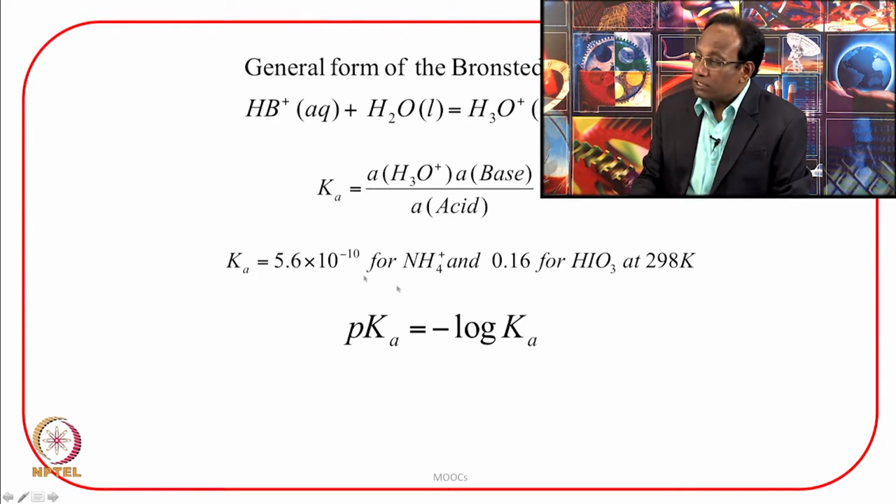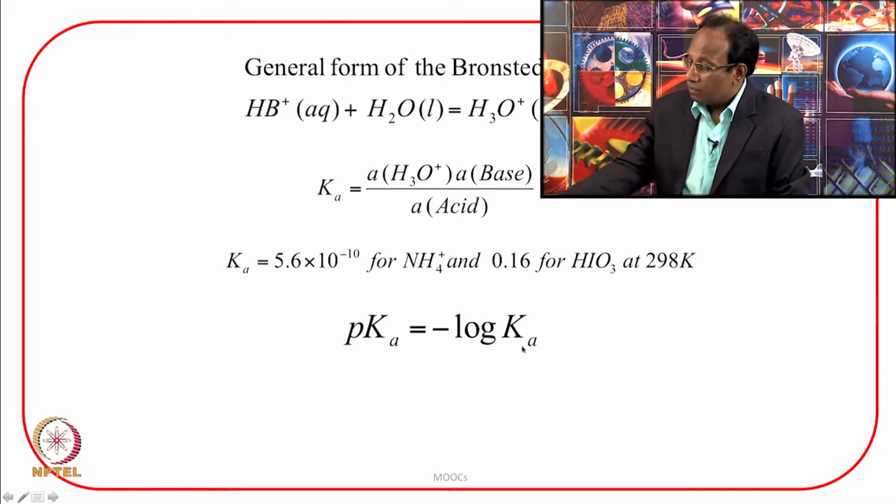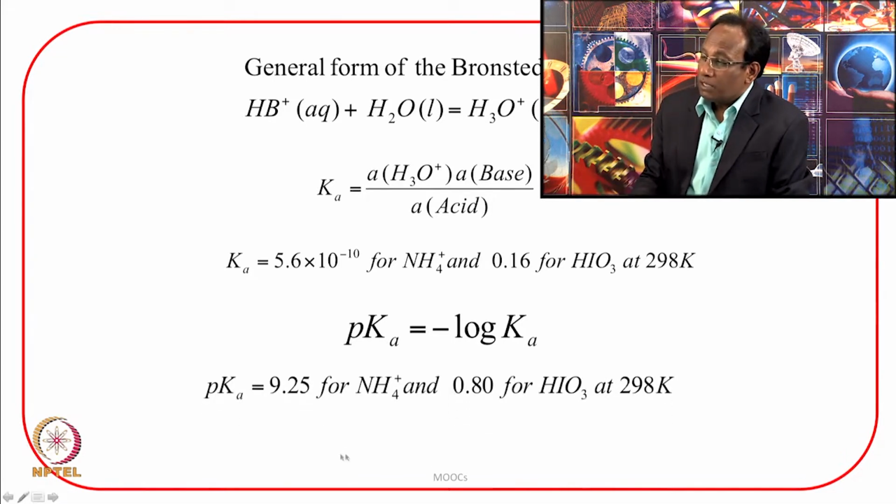When you substitute these Ka values for NH4+ and HIO3, we get pKa as 9.25 for ammonium ion and 0.80 for HIO3. You see there is a negative sign here, and that takes care of the very small value of Ka, and since Ka for ammonium ion was very small, the pKa value turns out to be very high.